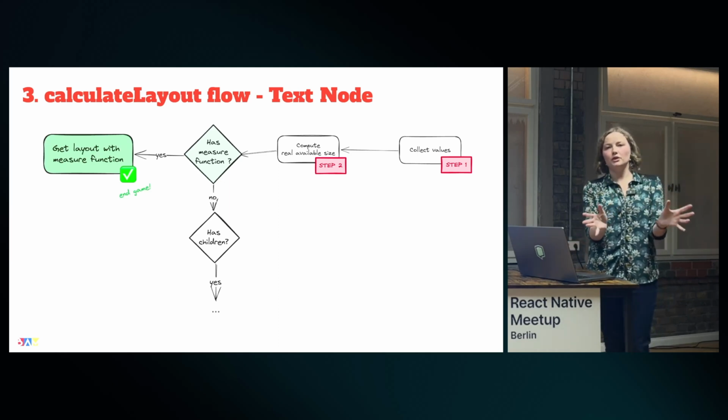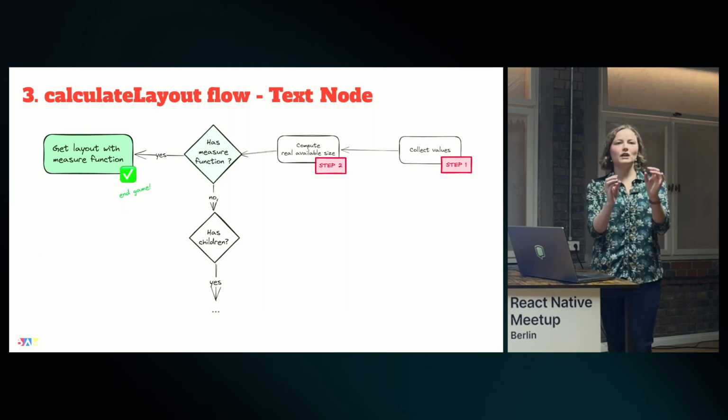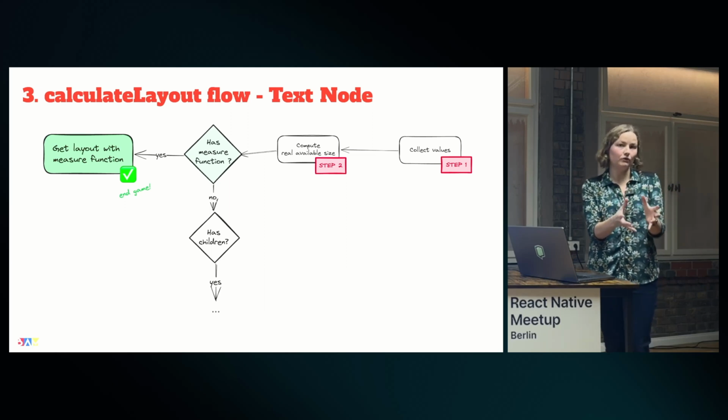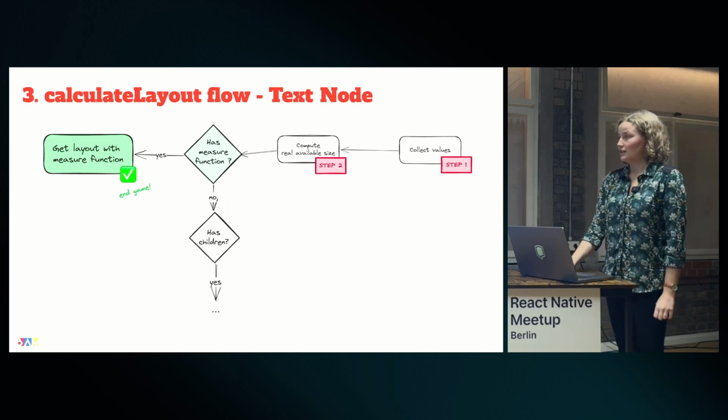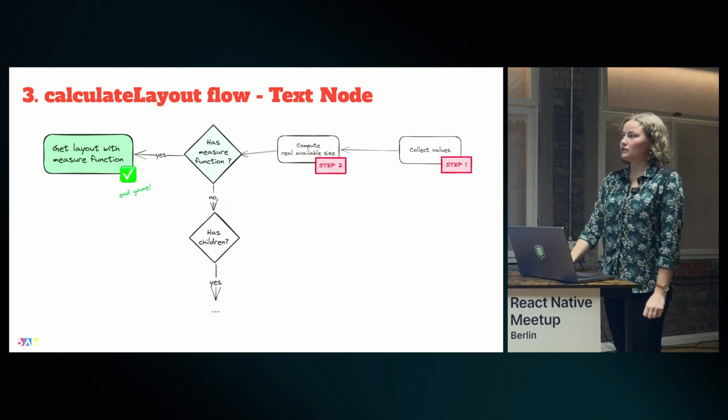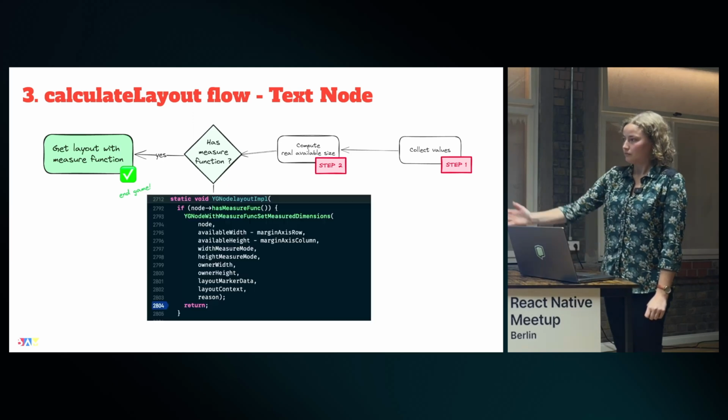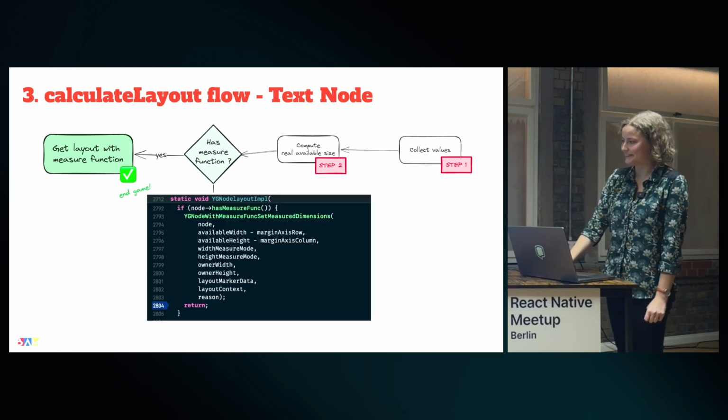You don't have to go further. You just have to apply the measure function you received from the native side, and you're done. So this is what we do for the text node. Yeah, this is the return. Almost hit 100 lines before the actual return of the function.